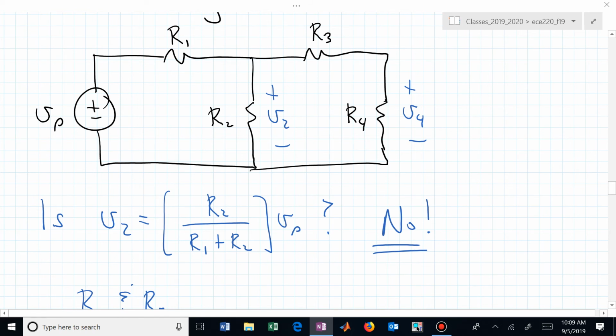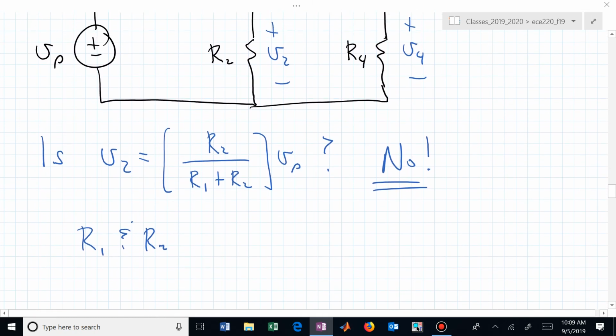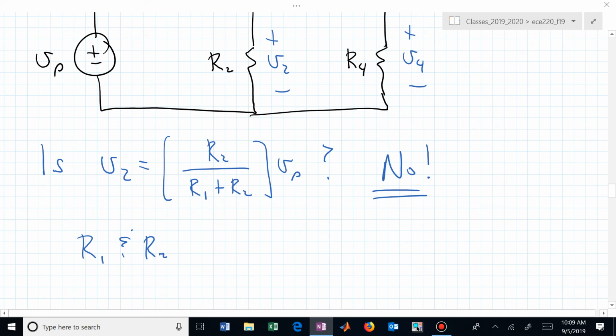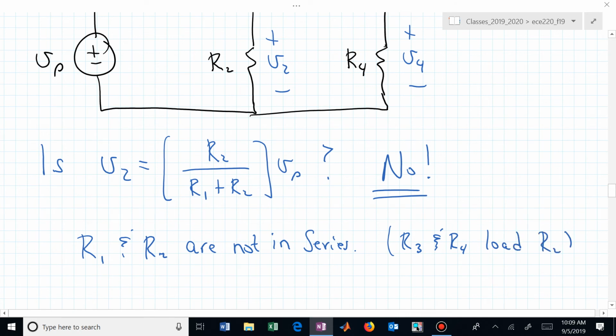Because R2 is being influenced by what's to the right of it, which is this loading effect of R3 and R4. R1 and R2 are not in series. R3 and R4 load R sub 2.